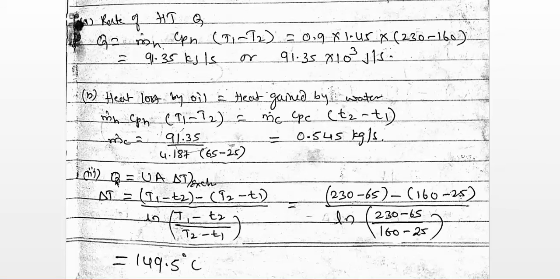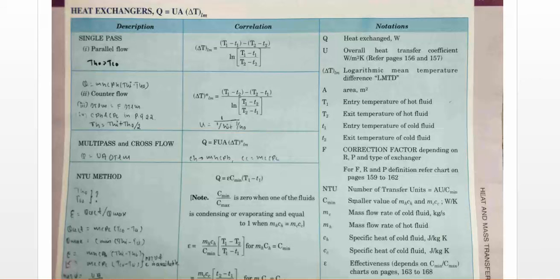Now we will go with the A value. We need to calculate the surface area here. So Q is equal to UA into delta T of the heat exchanger. This expression is there in your data handbook. For the heat exchanger, Q is equal to UA into delta T LMTD.